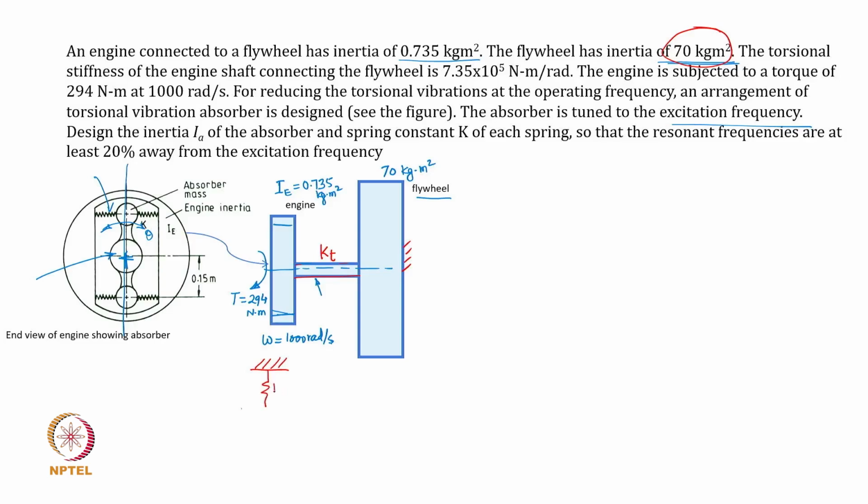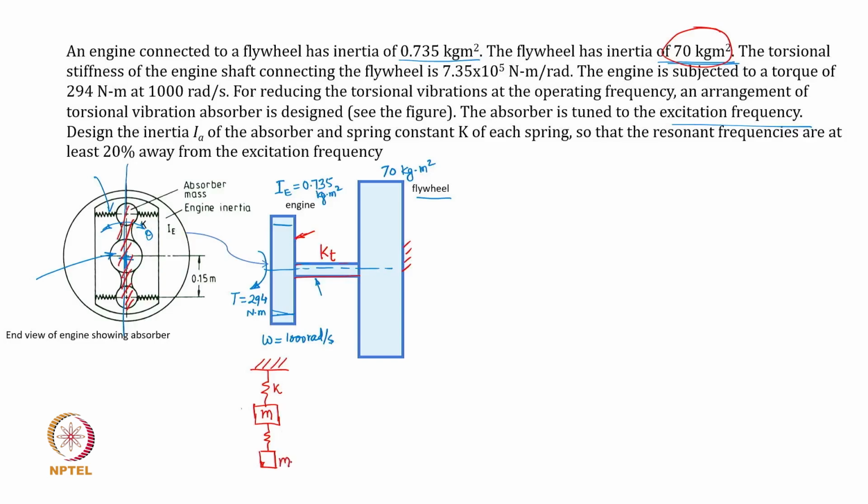Okay, so this is like K, and it is connected to the engine inertia, right? So this engine inertia is nothing but this mass, and for us the primary system is this shaft and the engine. That is our primary system, to which you are connecting an absorber system, and there the absorber is this particular link.